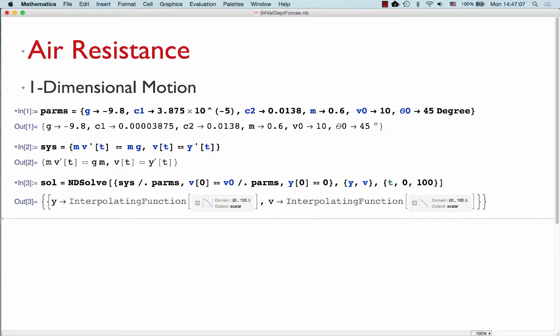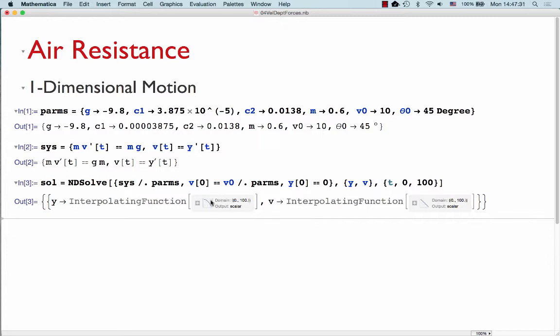All right. So it spits out these nice interpolating functions, which is just a fancy way of saying, dude, I solved it for a bunch of points. And there's your answers. You can see it puts a tiny little plot right here just so you've got some idea of it.